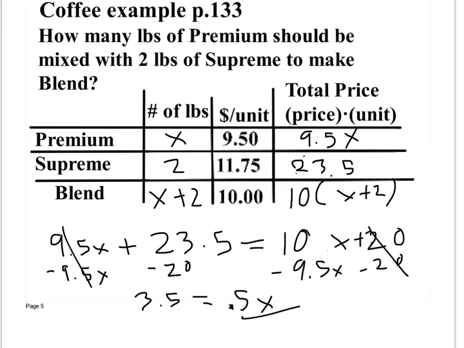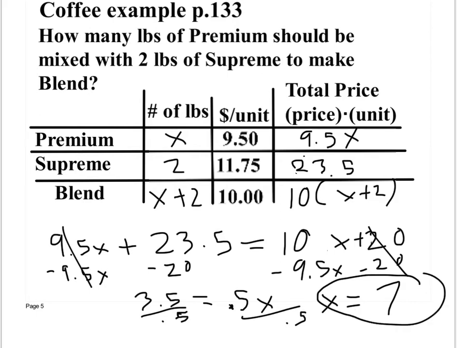So I divide both of these by 0.5. Dividing by 0.5 is the same thing as multiplying by 2. You can do it on a calculator and prove that for yourself. x is 7, meaning we need 7 pounds of premium to mix with 2 pounds of supreme. So there's my answer, 7 pounds.